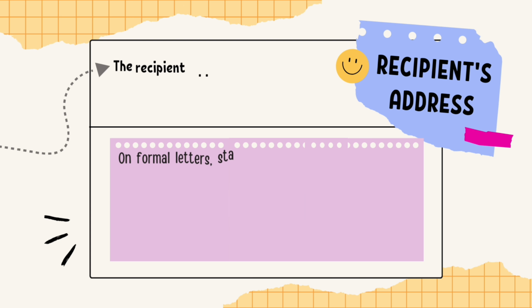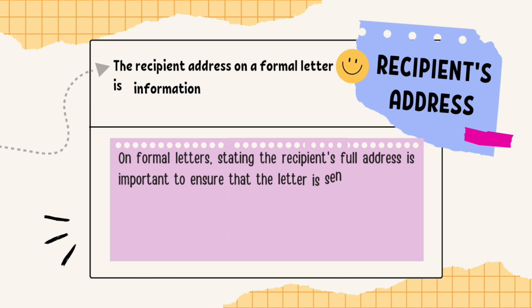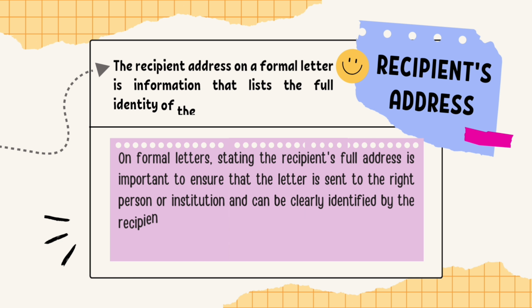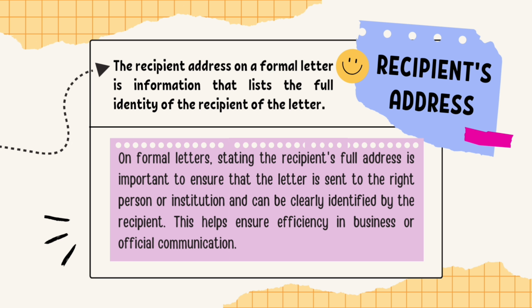On formal letters, stating the recipient's full address is important to ensure that the letter is sent to the right person or institution and can be correctly identified by the recipient. This helps ensure efficiency in business or official communication.